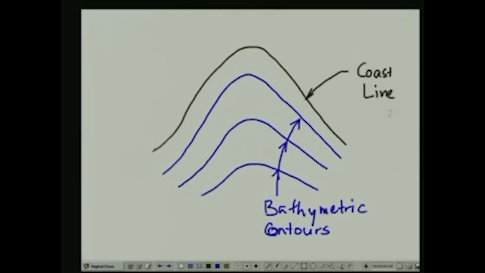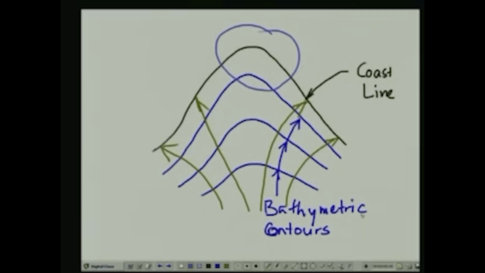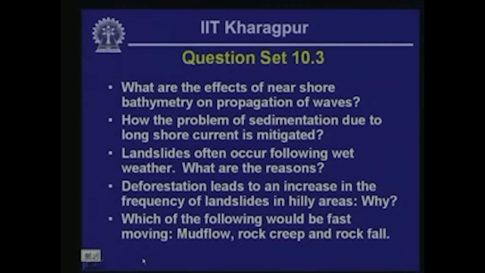In this case, the waves are going to be refracted away from the bay, and the bay is going to form a low energy environment with very little wave attack in this area. These two sketches illustrate how the near shore bathymetry affects wave propagation.